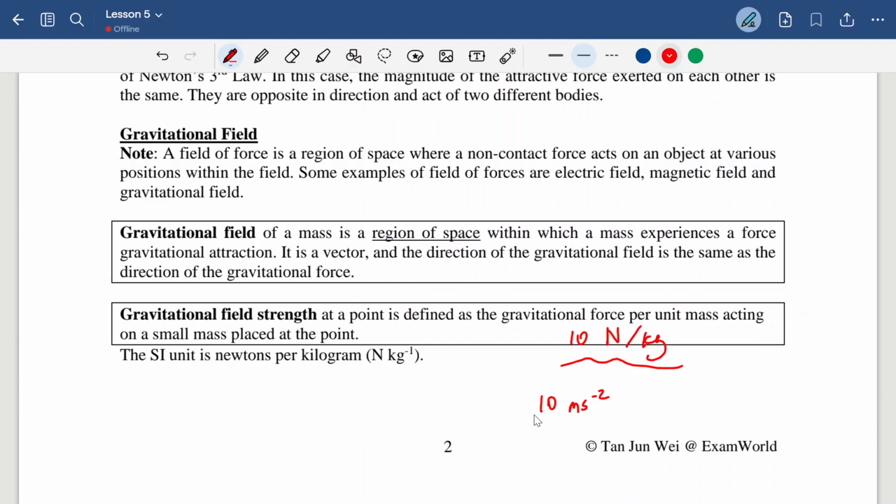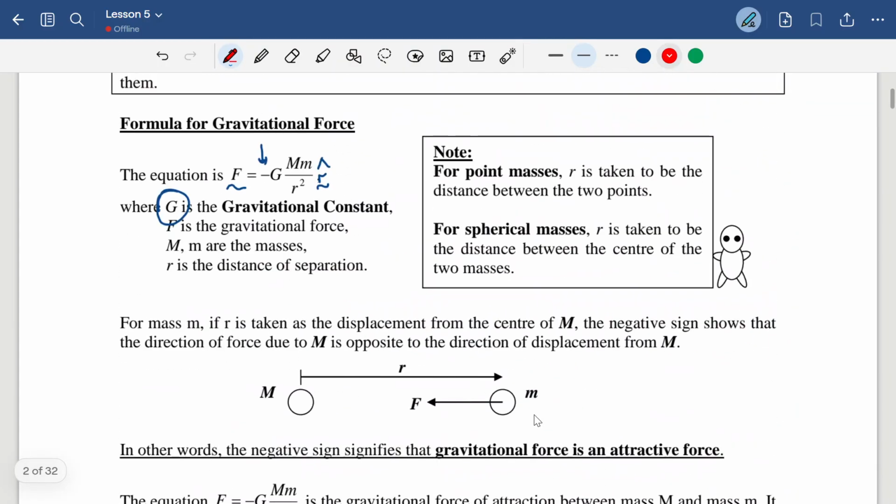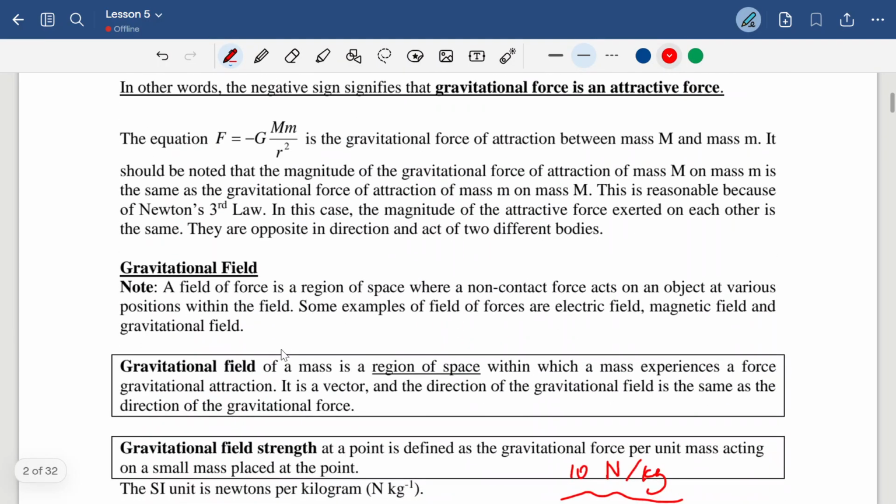In calculations they are interchangeable, but the meaning is different. One is field strength, force per unit mass; one is gravitational acceleration, the rate of change of velocity.